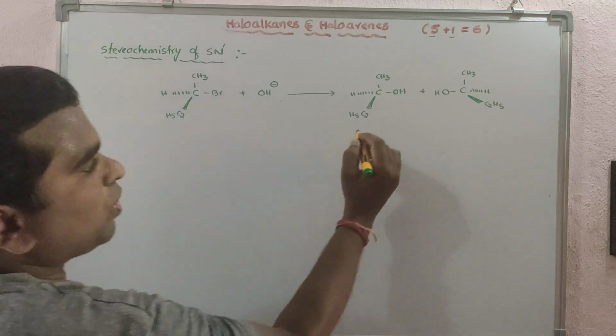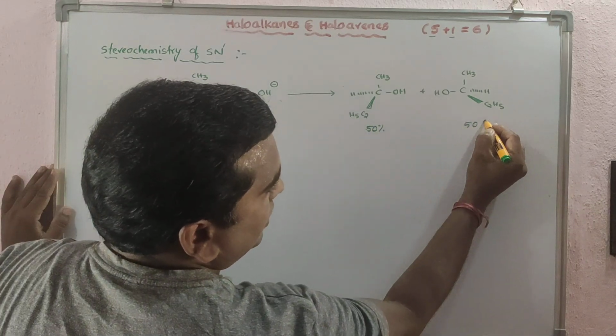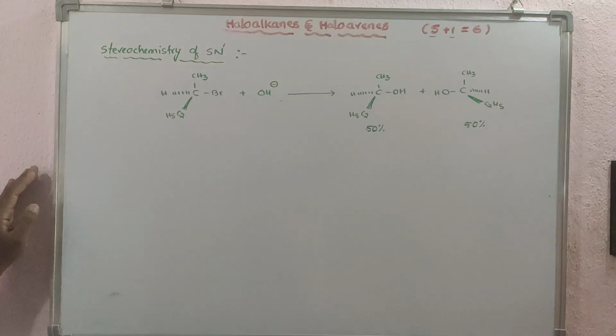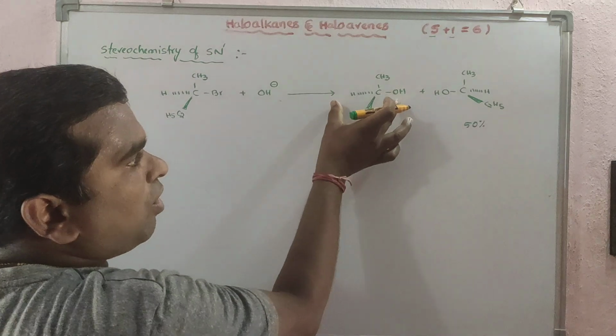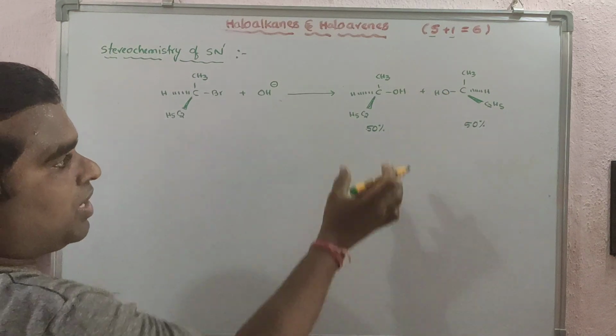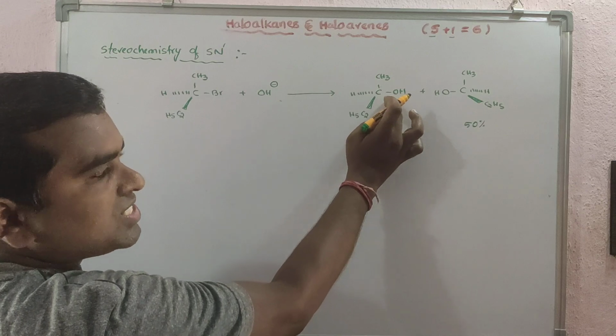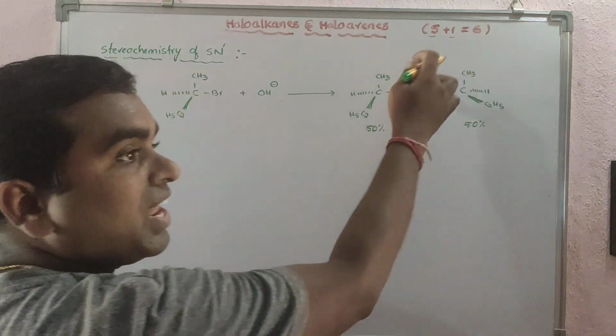Okay? In the SN1 reaction, we will get 50% of the retention product and 50% of the inversion product. Clear? And these two are enantiomers. Why? Because one rotates the plane polarized light towards the right and the other rotates the plane polarized light towards the left.